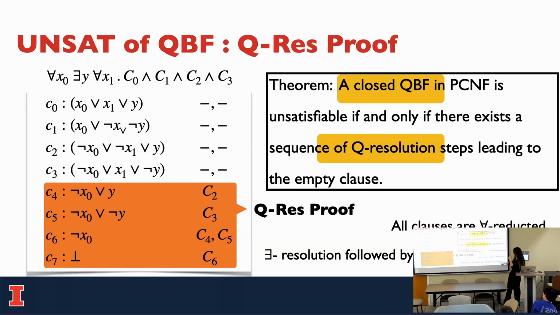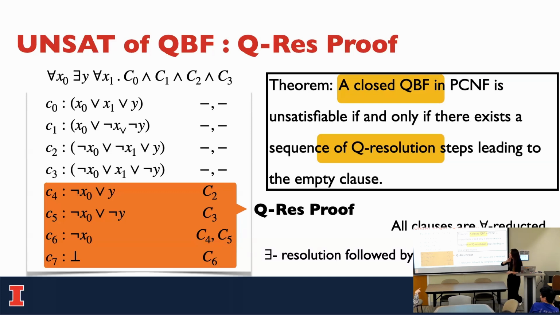But here we require that whatever existential resolution happens, you always follow the resolution by a forall reduction and remove as many literals as you can. Okay, that is a Q-resolution step. So as long as the formula is a closed QBF in CNF, and the input clauses are forall reduced, then we can always build a Q-resolution proof consisting of these Q-resolution steps that derives the empty clause as long as the formula is false.